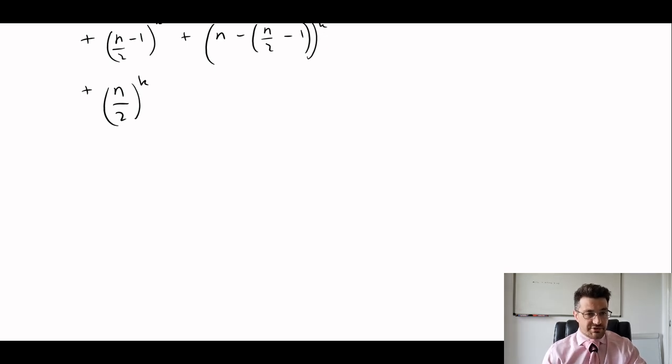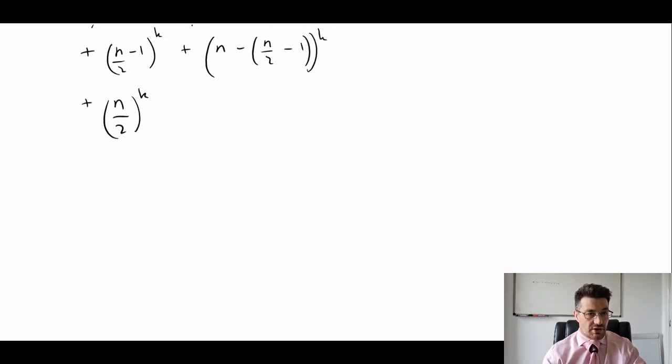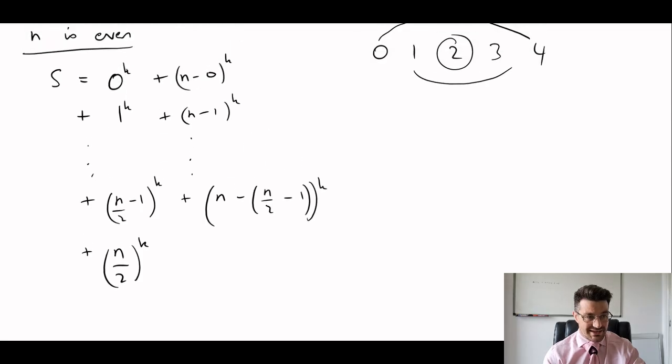Okay, so except for this last term, all of the other pairs are of the right form, let's say. So in each case, we've got k is a positive odd integer. We've got, in the first case, m equals 0. In the second case, we've got m equals 1.